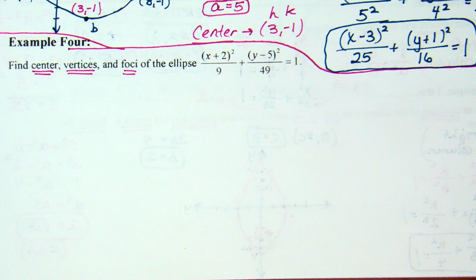So, with that said, which column is this? Right. My A squared, my larger value there, is under Y, and so this is actually a right column problem. Okay? That's what I need you to recognize there, that this is a right column problem.